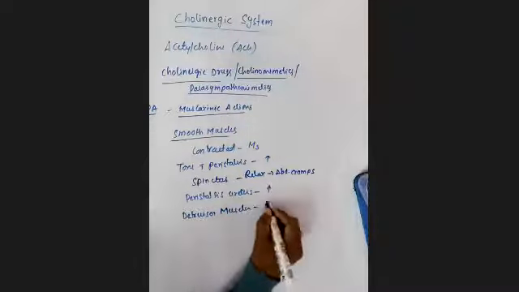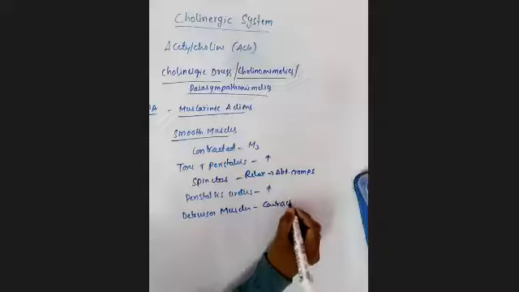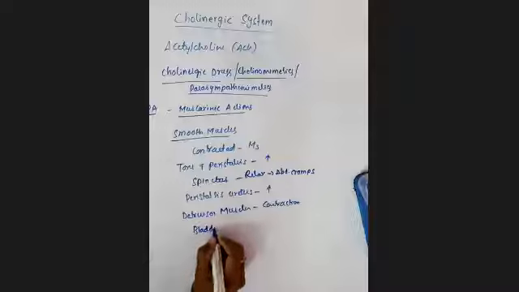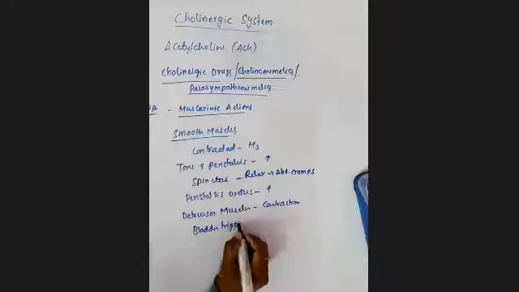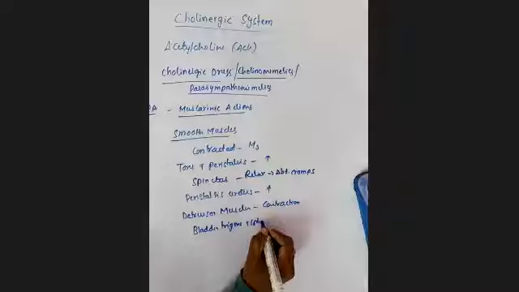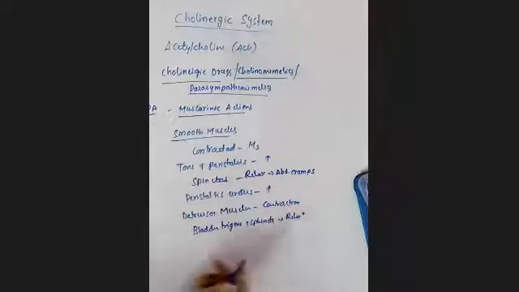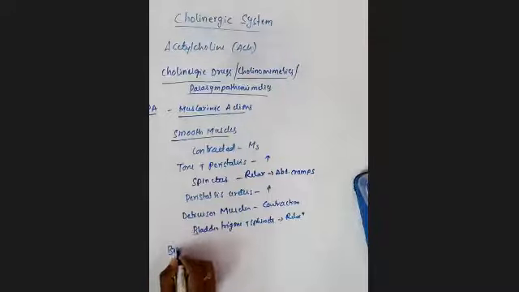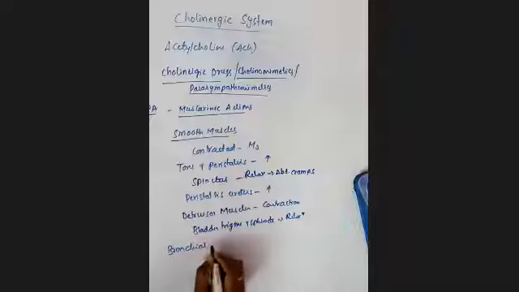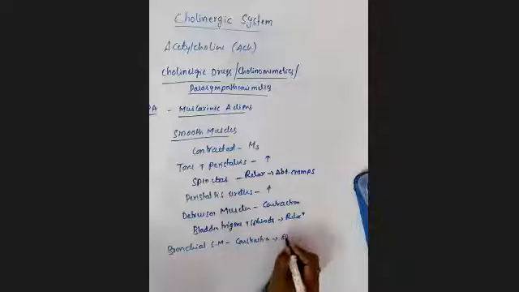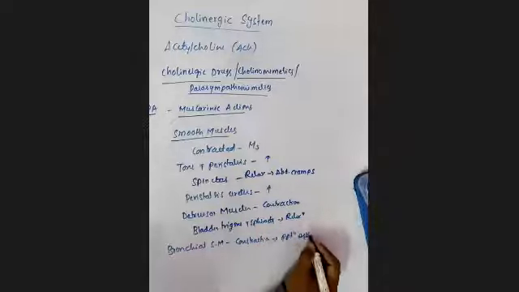These undergo contraction, and some muscles like the bladder trigone and sphincters undergo relaxation. Clear? Next one is bronchial smooth muscles. In the bronchi, these smooth muscles undergo contraction. Because of that, there is a chance of precipitation of asthma.